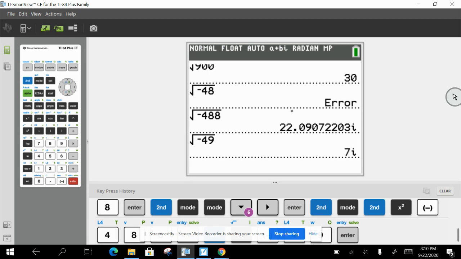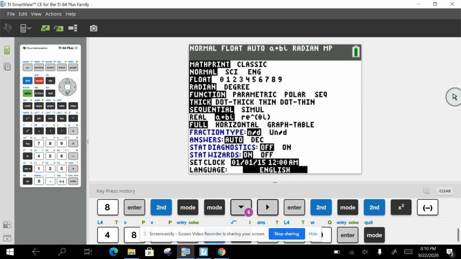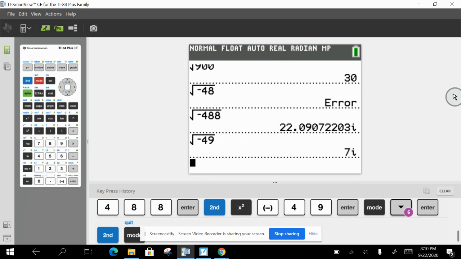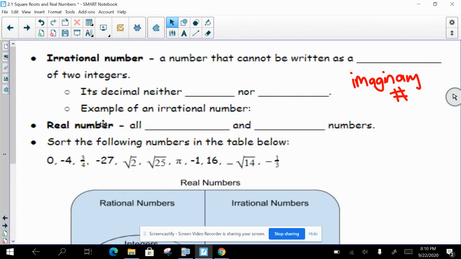So the imaginary numbers allow us to work with numbers that are negative under the square root. Anyways, let me go ahead and change that back to real. I just wanted to give you an idea of, okay, we're talking about real numbers, but what's a number that's not real? So that's what I mean by that.